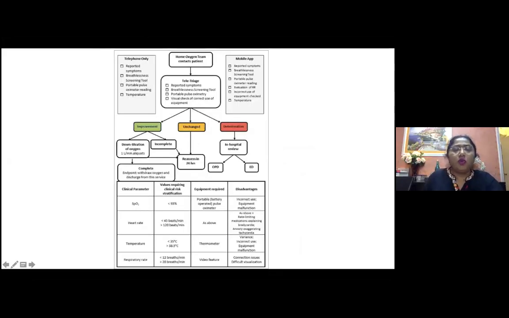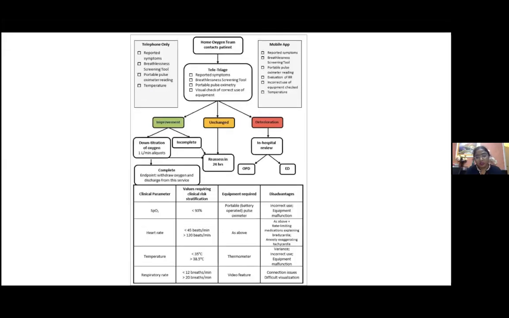Okay, now for home oxygen therapy, among the clinical parameters, you could use a portable pulse oximeter, and another thing you would have to see is the heart rate. If the heart rate is below 45 or above 120, then you would think that this is a rate limiting affair, where tachycardia can be a manifestation of anxiety, exaggerating the heart rate, or the bradycardia is actually not a very good thing, because we have all seen that myocarditis is something which is not rare in COVID.